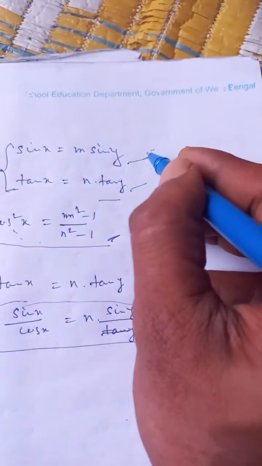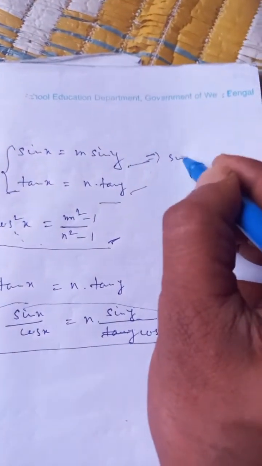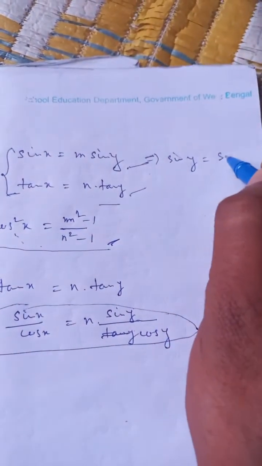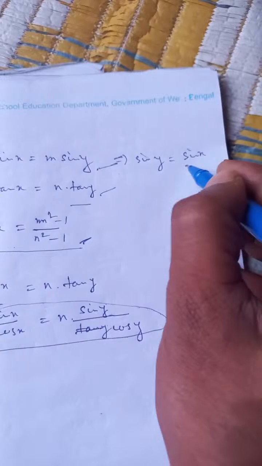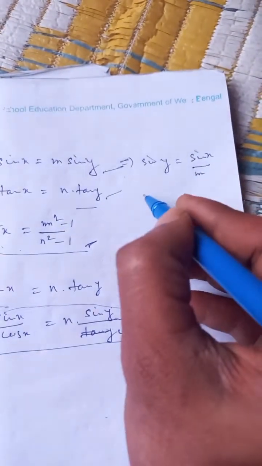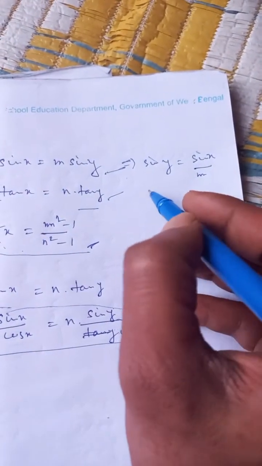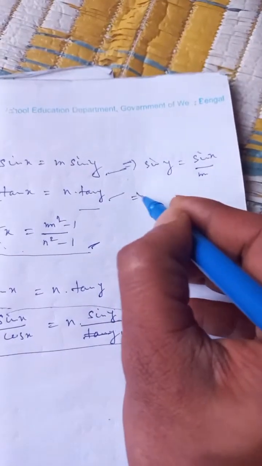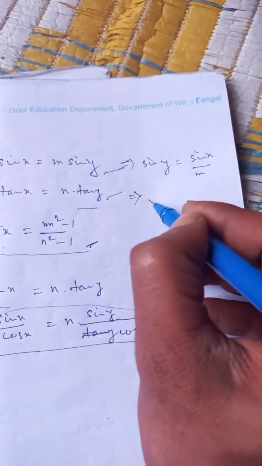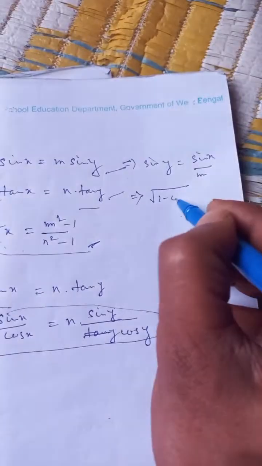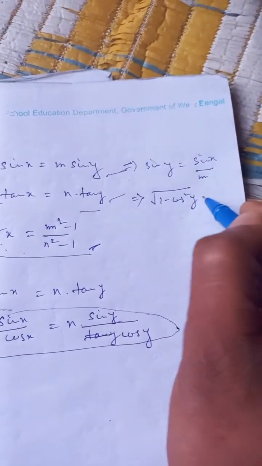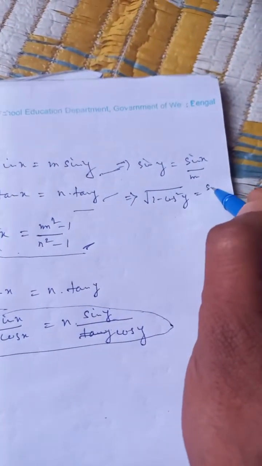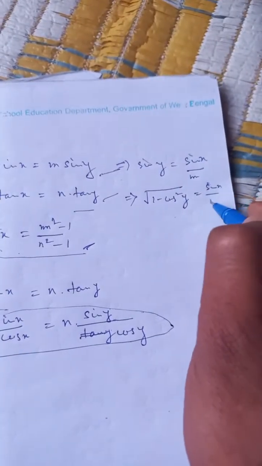So here sin y is equal to sin x by m, and we know that cos y is equal to root over 1 minus sin square y. So this is sin x by m.